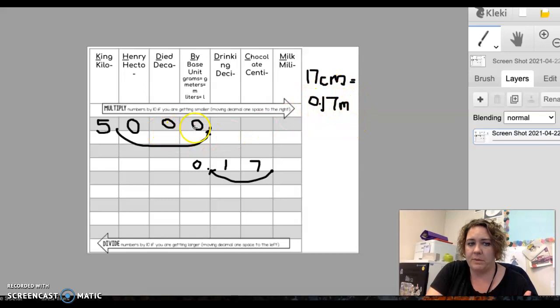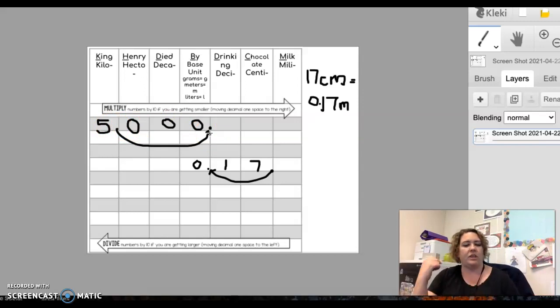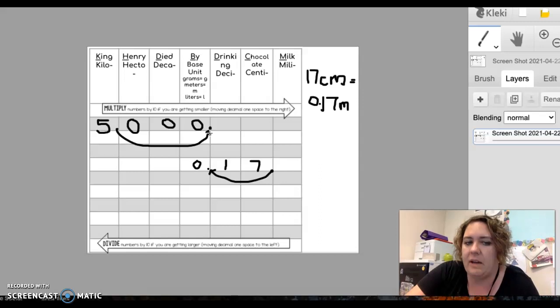Whereas when I go from something big to a smaller unit, my answer is going to be a lot bigger. So it's kind of weird, you have to train your mind to think that way. But that's how I would set up a problem if I'm converting from a small unit to a big unit, or from a big unit to a small unit.